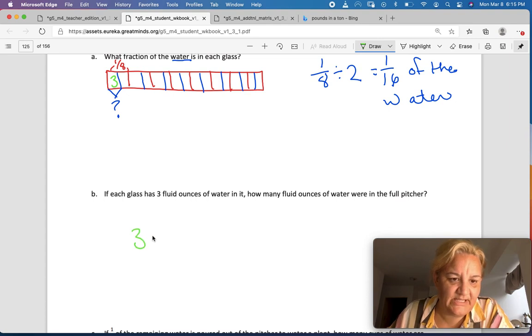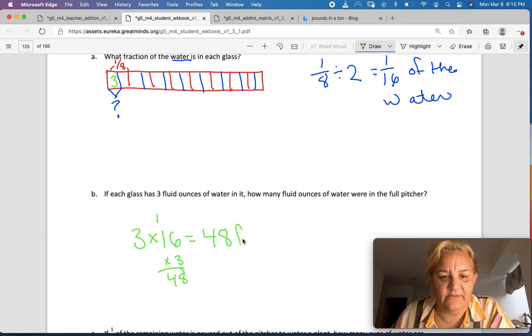So 3 times 1, 2, 3, 4, 5, 6, 7, 8, 9, 10, 11, 12, 13, 14, 15, 16 equals 48 fluid ounces were in the original pitcher.